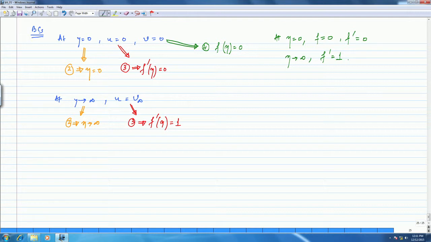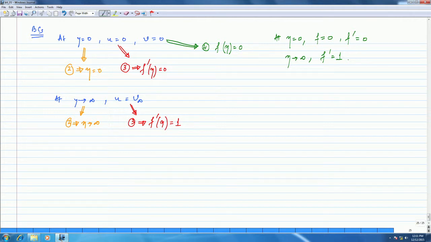So basically what we are saying is, if you go from eta of 0 to a very large number, f at eta 0 is 0, and f dash at 0 is 0, and f dash at infinity, the end value of eta, is 1. So f dash goes from 0 to 1, whereas f is 0 at the starting location.